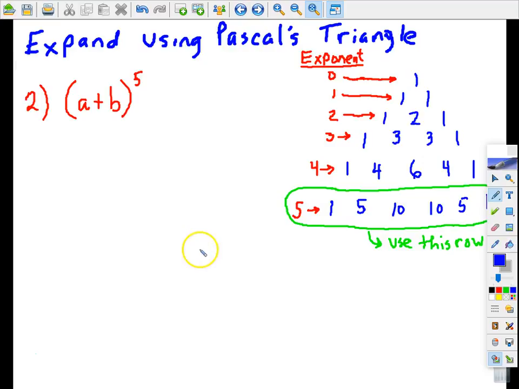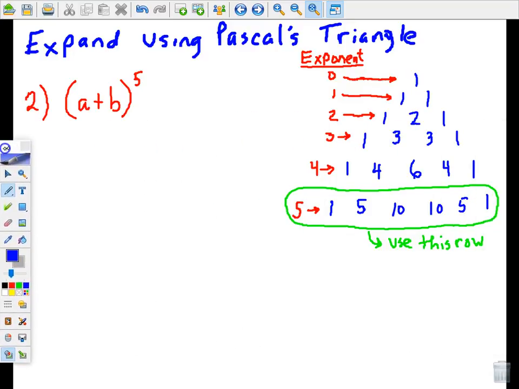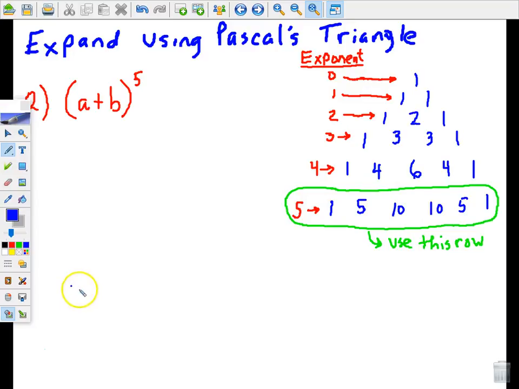All right, let's try another one. So here's a binomial, a plus b raised to the 5th power. So you notice I've identified the row of the triangle that I will use to do the expansion. Okay, so here is the row. And let's begin.